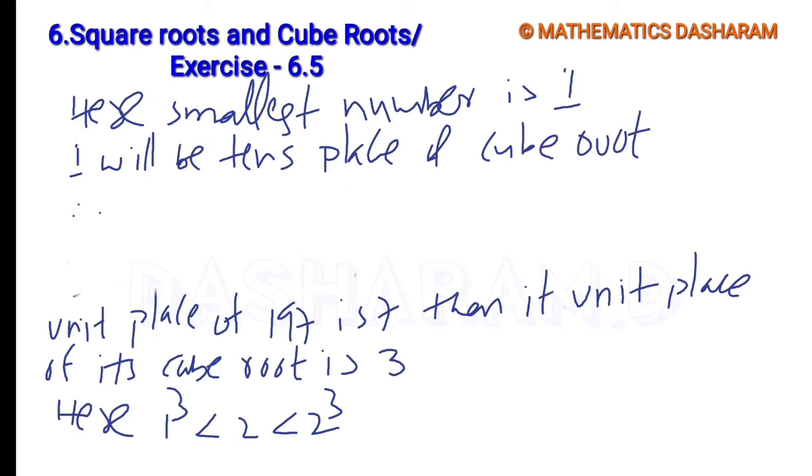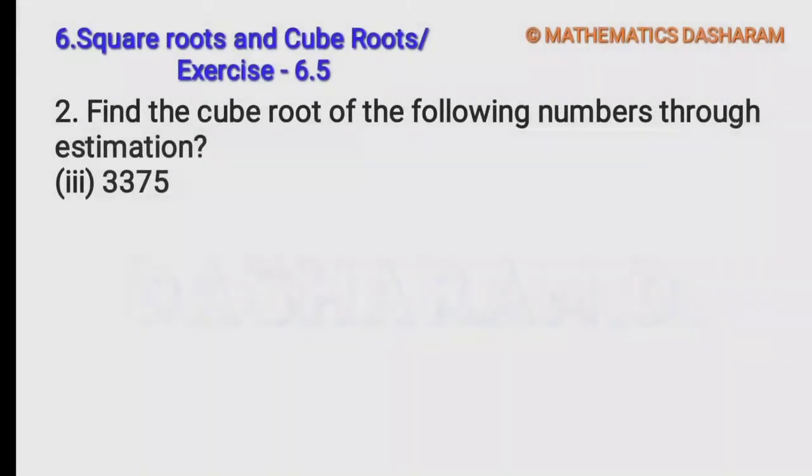So the cube root of 2197: from the first group we found the unit place, that is 3, and from the second group we found the tens place, that is 1. So 13 is the cube root of 2197.